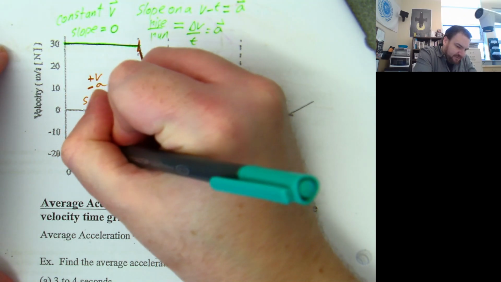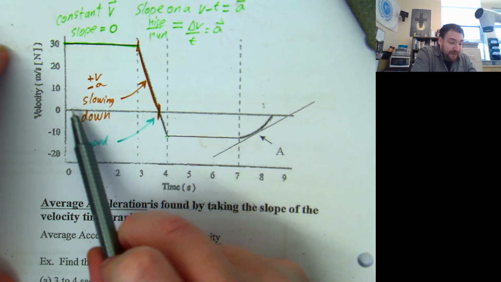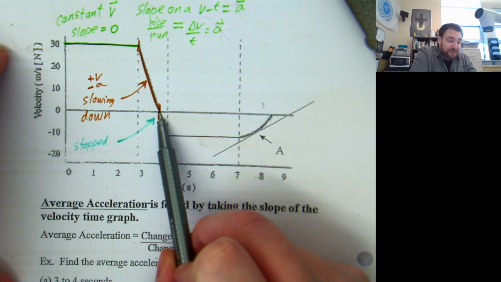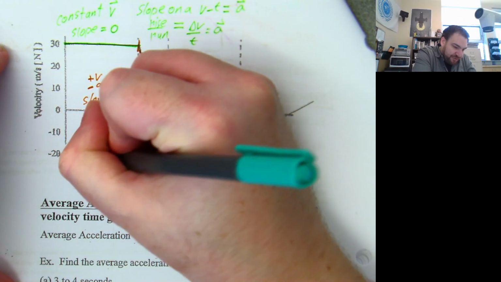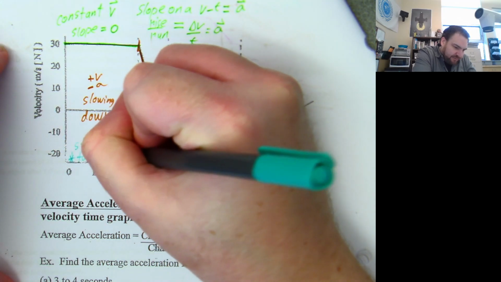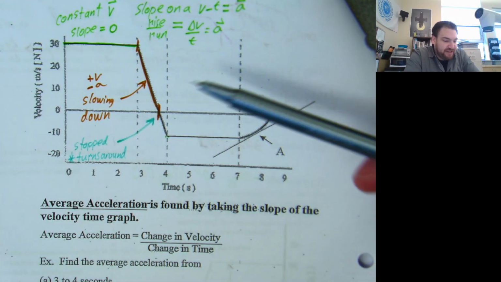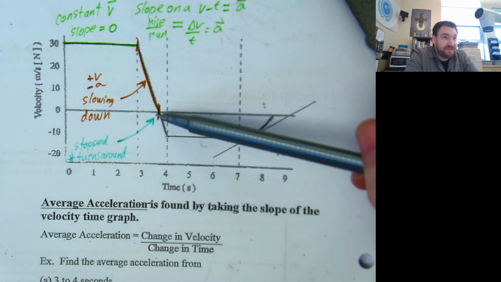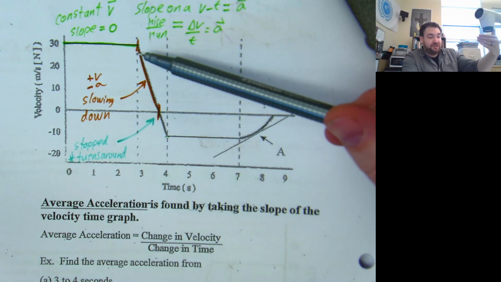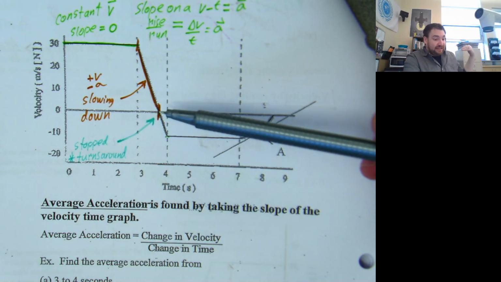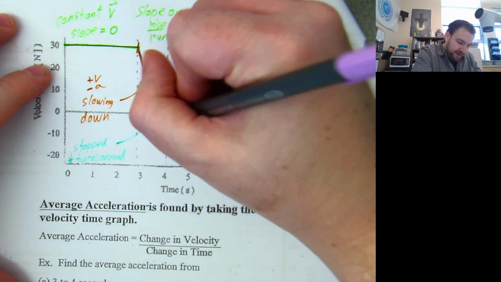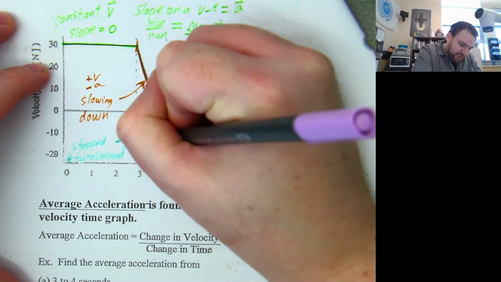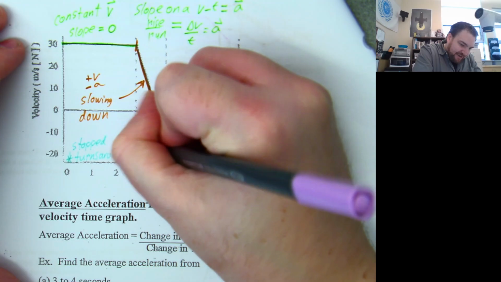At this moment right here, we've stopped because velocity is equal to 0 at that point. But the stopping point is also where the object turns around. The only reason that we hit 0 velocity is because our object is slowing down to a stop and then immediately starts speeding up the other way, which is this chunk right here. For this little purple chunk here, I've got a negative velocity.